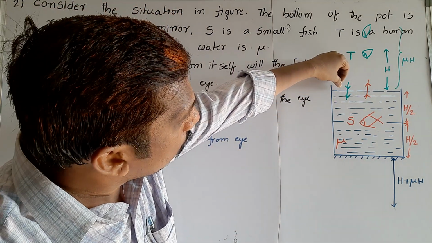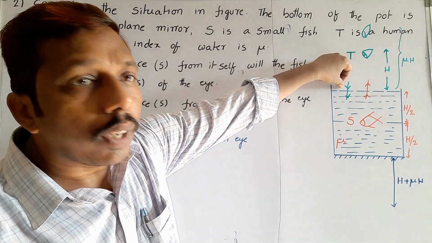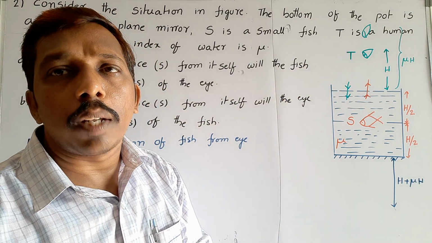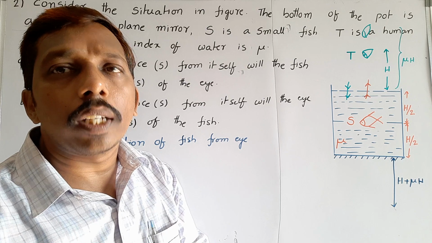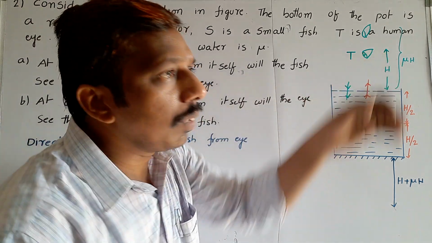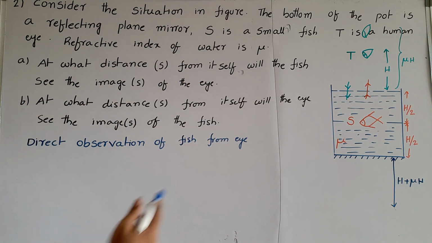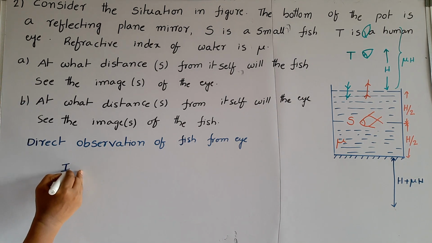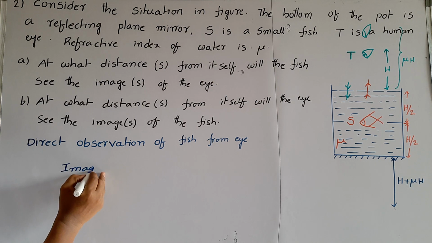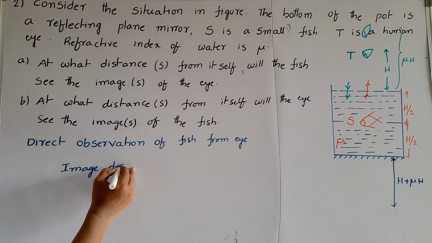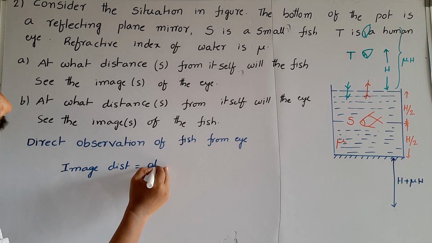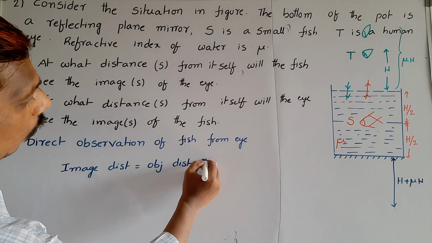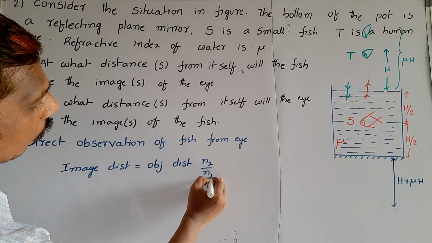The fish is actually at a distance h by 2 inside the water. Suppose someone is just above the water surface, for that eye this fish appears at less depth. At what depth? First we calculate that, and after that we calculate from the eye. So just from the water surface, image distance is equal to object distance into n2 by n1.